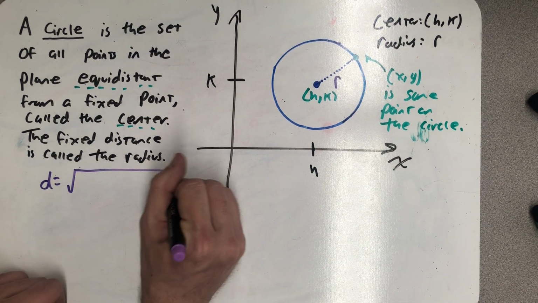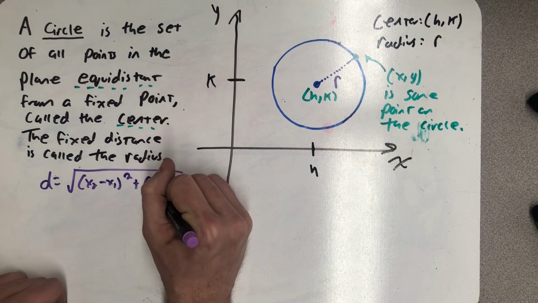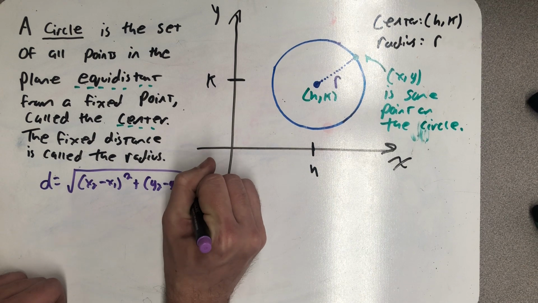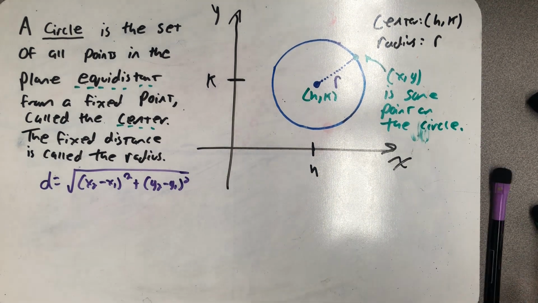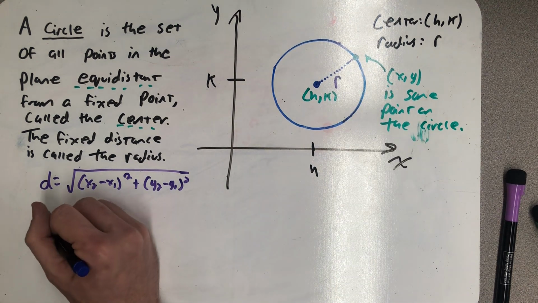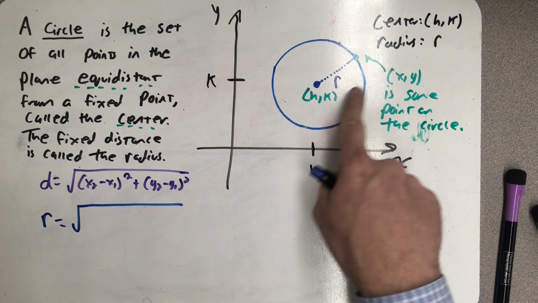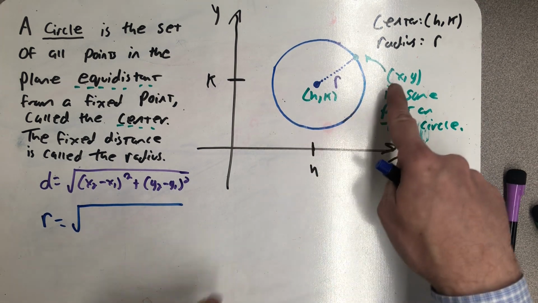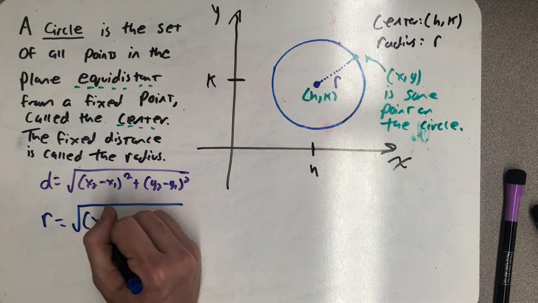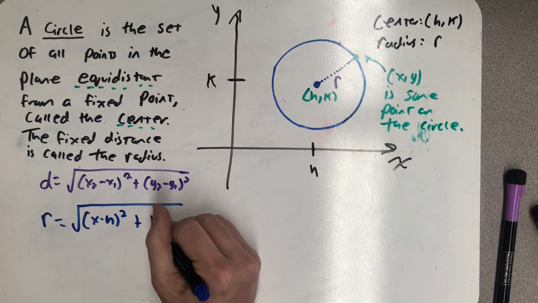The distance formula: square root of x2 minus x1 squared plus y2 minus y1 squared. All right, well, the distance between this point and this point is r. This point's x, y, this point is h, k, so I have r equals the square root of x minus h all squared plus y minus k all squared.